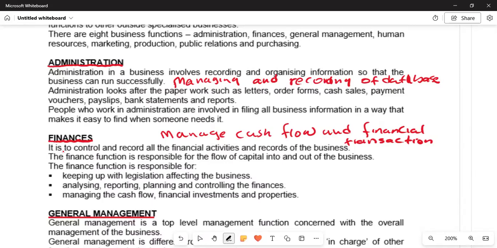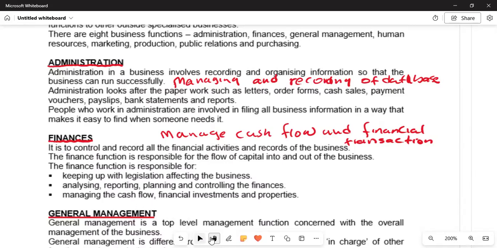The finance function is responsible for the flow of capital into and out of the business. It is responsible for keeping up with legislation affecting the business, analyzing, reporting, planning and controlling of the finances, and managing the cash flow, financial investment and properties. It's all about the managing of the finances.